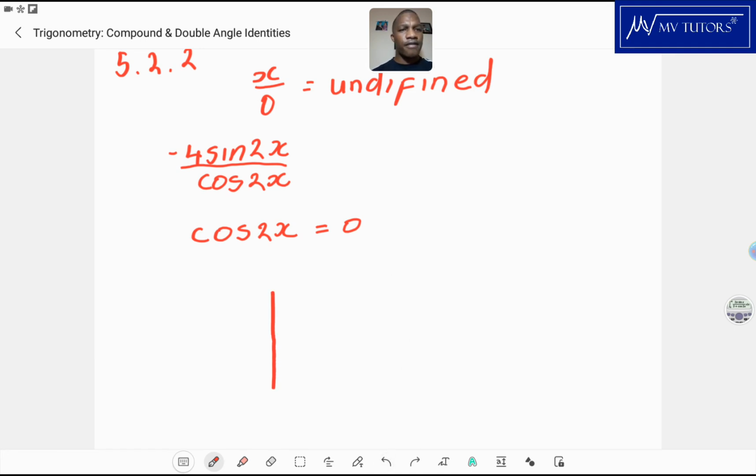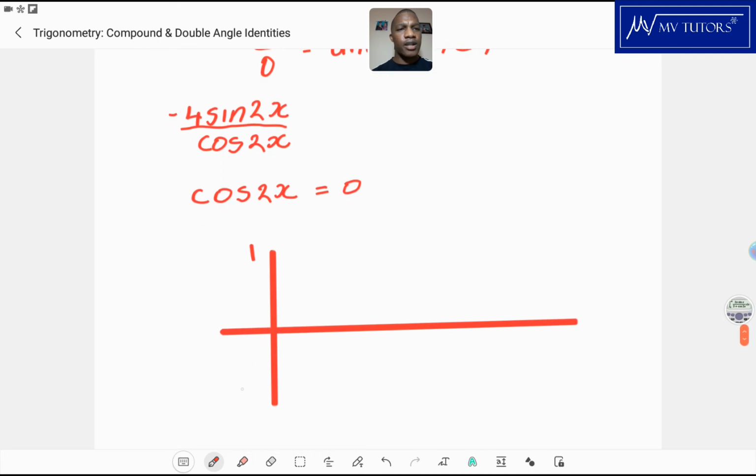Now if you know your cos graph, let me just quickly do it. The cos graph starts up there at 1, let's say that's 1 and that's -1 down there. It starts there, comes down here, crosses, and then comes up and ends there. So it's 0 here, it's 90. Here it's 180. Here it's 270.